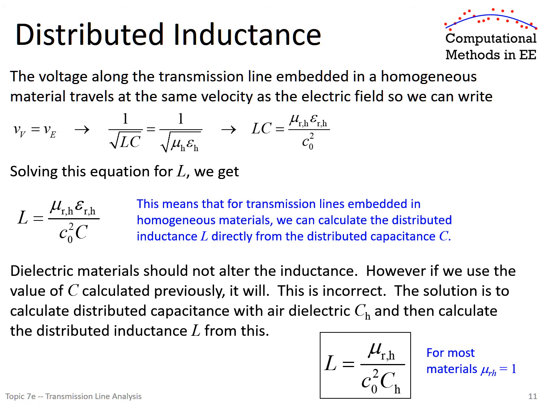Now that we've removed the dielectric, the inductance is not sensitive to that. And so we can calculate the distributed capacitance for this homogeneous case filled with air, and then from that, calculate the actual distributed inductance of the line. So we're just going through this intermediate distributed capacitance for the homogeneous or air case.